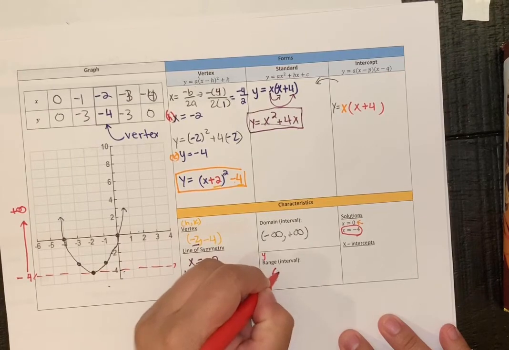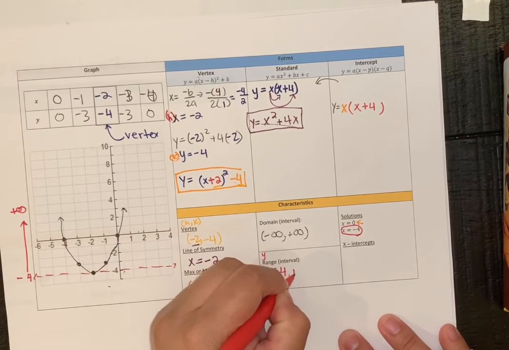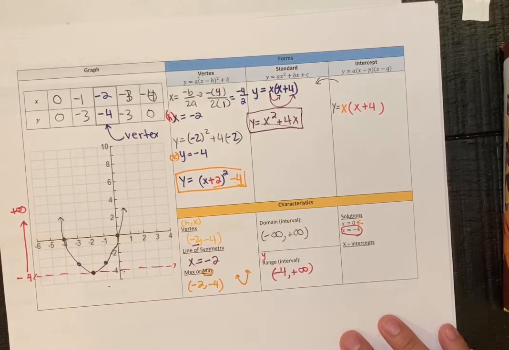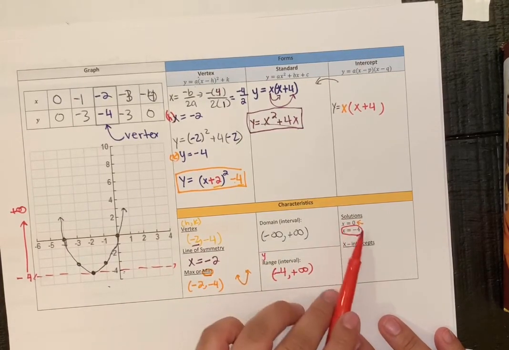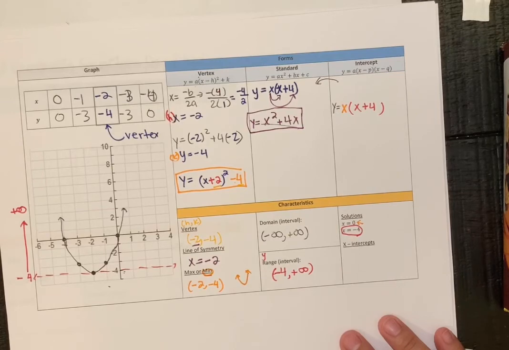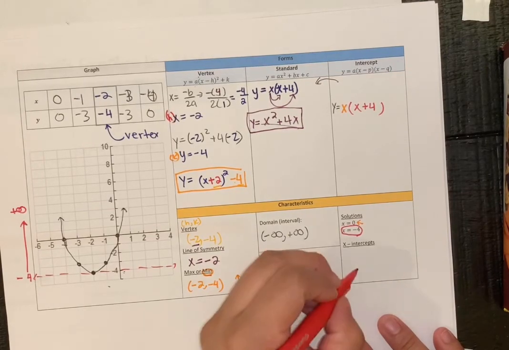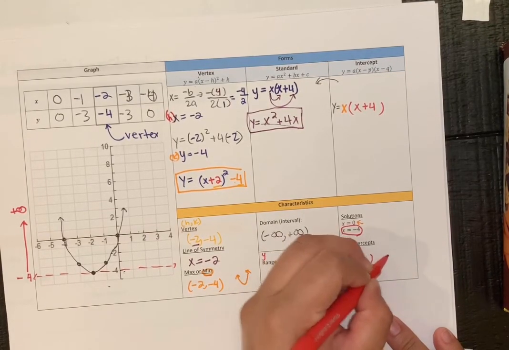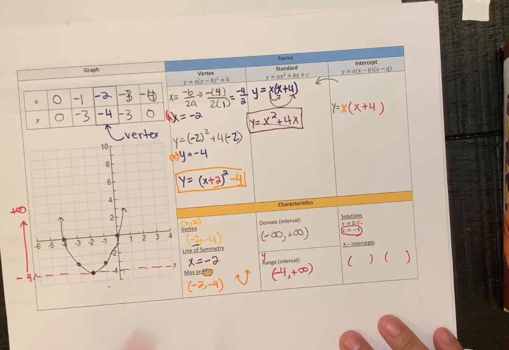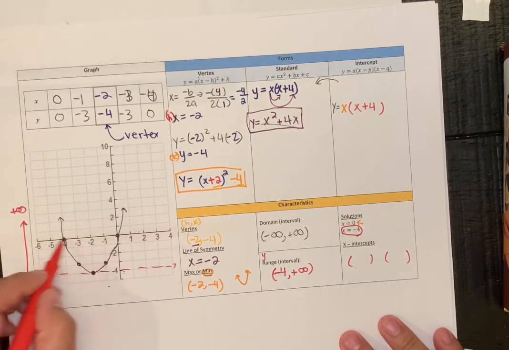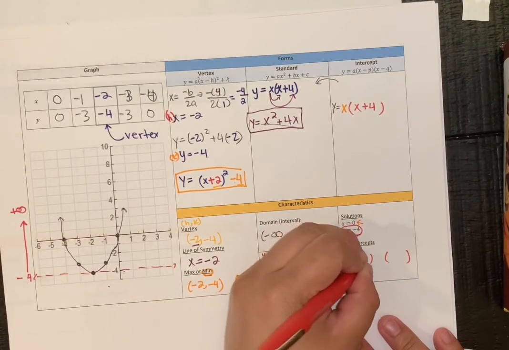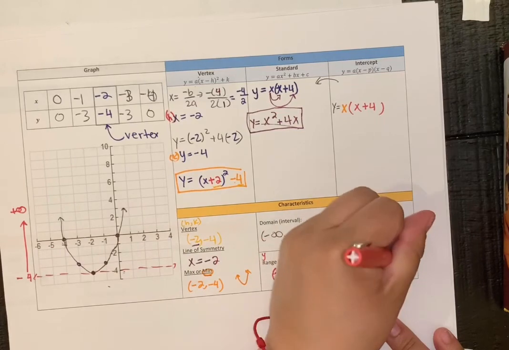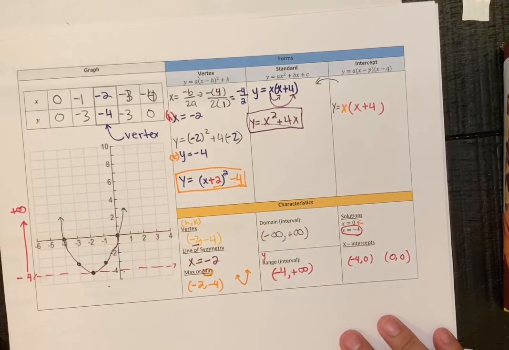So our range is from -4 to positive infinity. We already have our solutions, and our x-intercepts are just exactly like our solutions, but with the 0 included. So we have 2 different x-intercepts. If you guys can also see here, x-intercept is whenever we cross this line. In this case, we cross at -4, 0, as well as 0, 0.